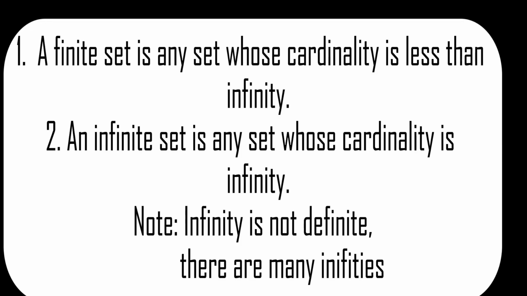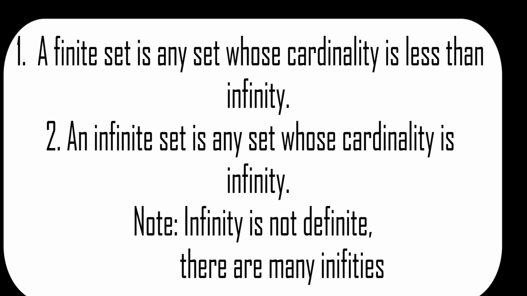We can as well say a finite set is any set whose cardinality is less than infinity, whereas an infinite set is any set whose cardinality is infinity. Let us note that infinity is not definite.